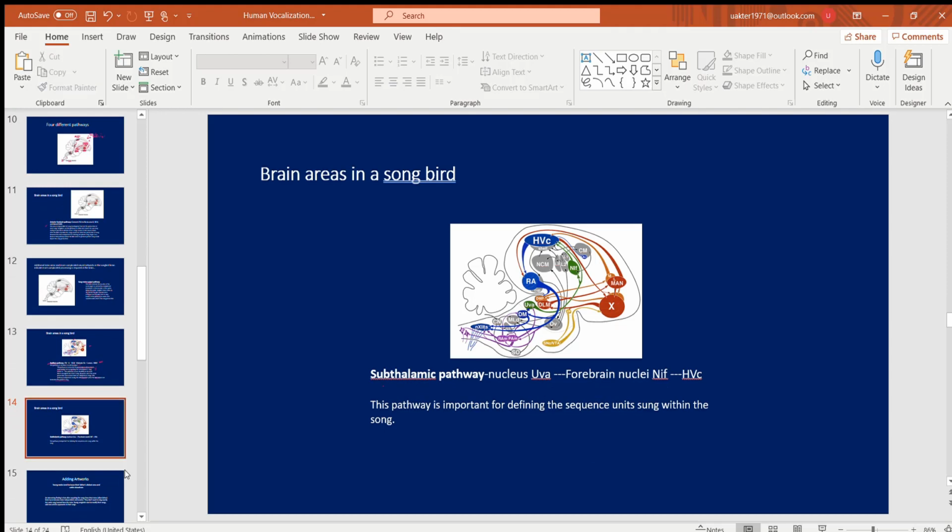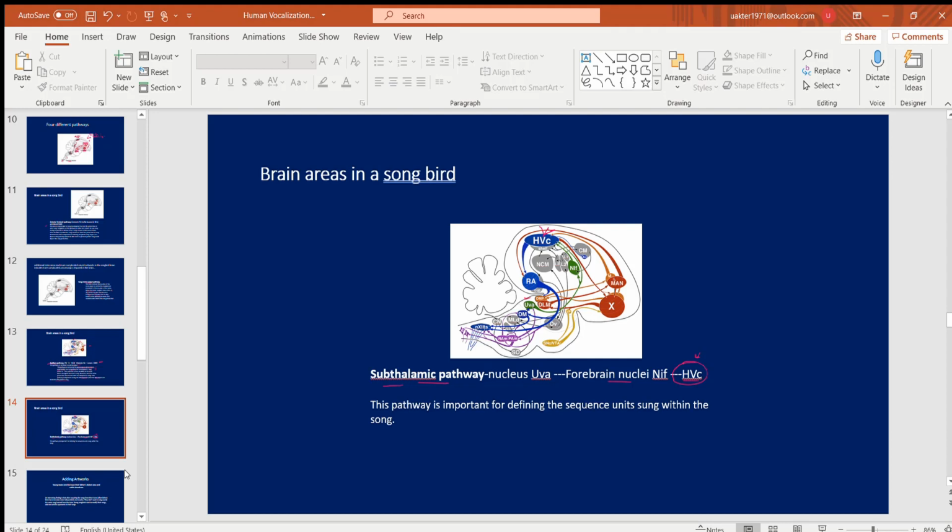The subthalamic pathway is another pathway that includes nucleus UVA and then forebrain nuclei NIF and higher vocal center. So higher vocal center is actually a part of multiple connectivities. So you can see that signal from many different structures go to higher vocal center, HVC. And anyway, this subthalamic pathway is shown by this green pathway here.